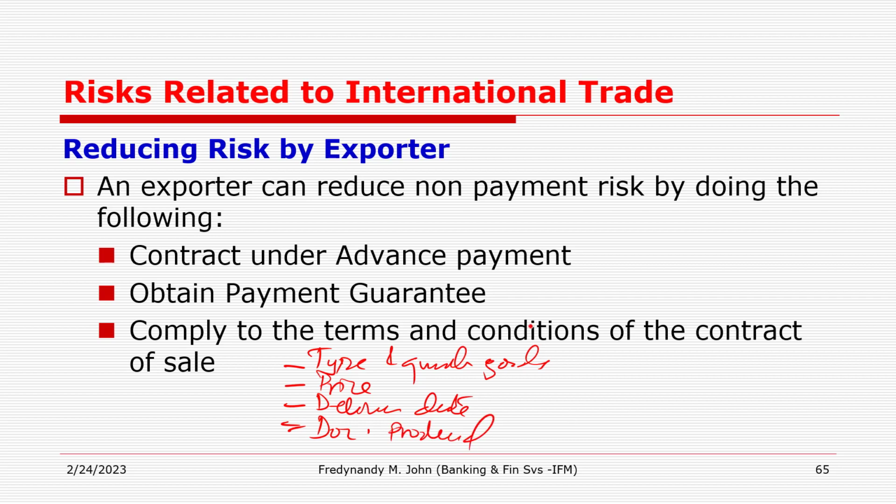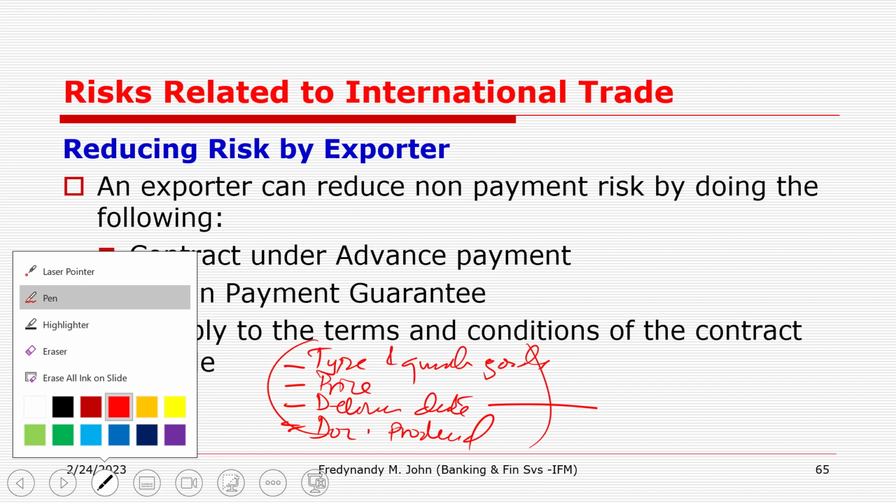Therefore, comply to these terms. If you comply to all these terms, you're minimizing the chance of default. If you do not comply to any of the terms, for instance, if you deliver goods at the very late date, the importer won't tolerate it. You will be penalized. So you do not want to create the room for such a thing to happen. Comply to the terms that you have agreed.